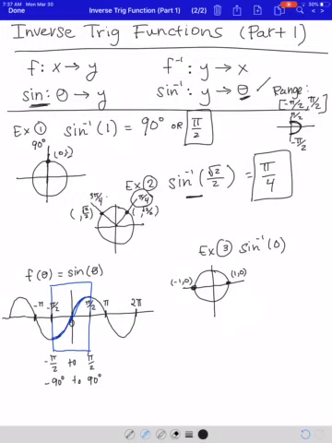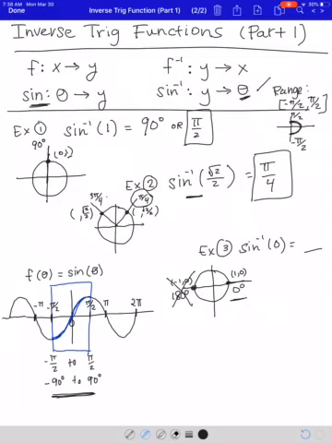In both these points, the y-coordinate is 0. And what are these angles? Over here we have 0 degrees. Over here we have 180 degrees. But when we go to choose our answer, remember our angle needs to be between negative 90 and positive 90 degrees. So we're not going to use 180 because that's outside of my interval. It's bigger than 90 degrees. Instead, we want to use 0 degrees.